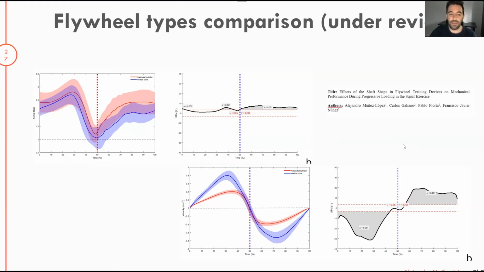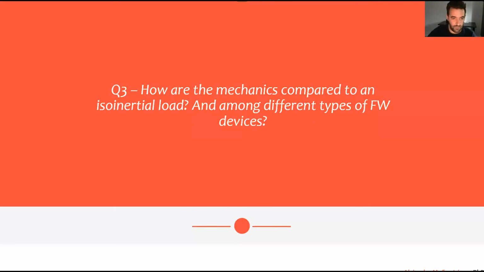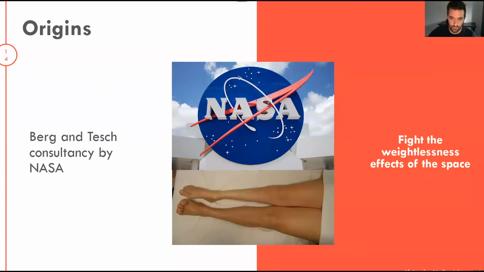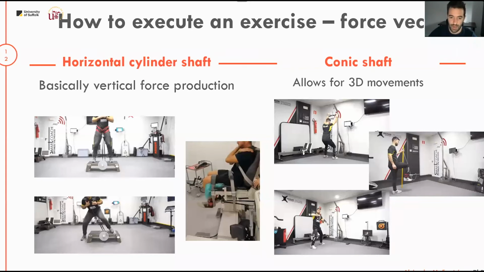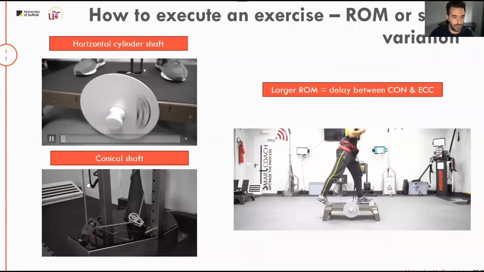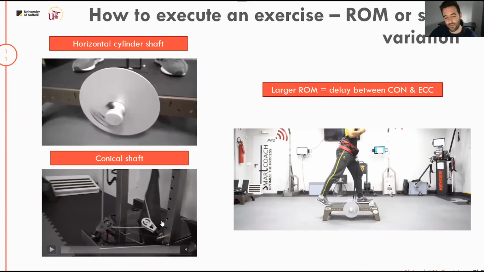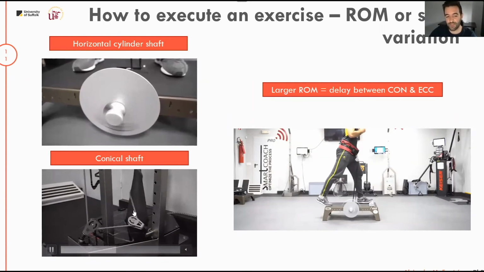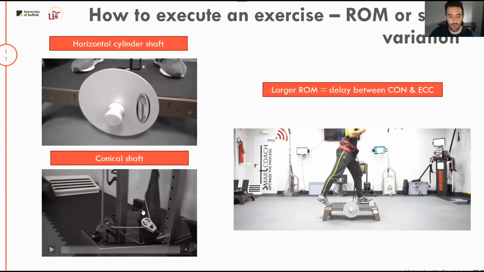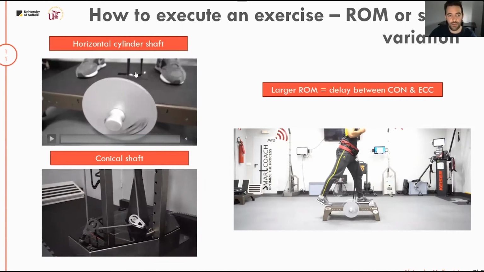And what is provoking this, which is the mechanical part that is affecting that? It is a shaft. As we saw before, let me go back. The higher variation of this shaft makes the torque different along the range, much more varied along the range on the conic pulley compared to the horizontal cylinder.